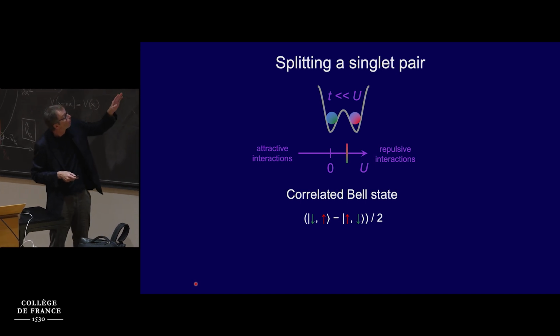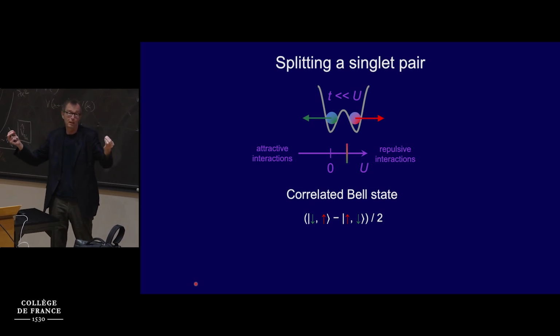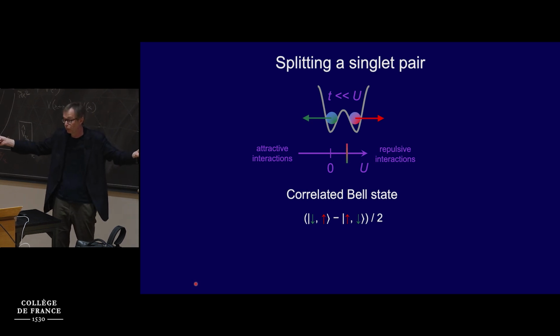And to probe whether that's really the case, what we will then do is to move those apart. So we have them now in 2 orbitals, but now we want to move them apart.